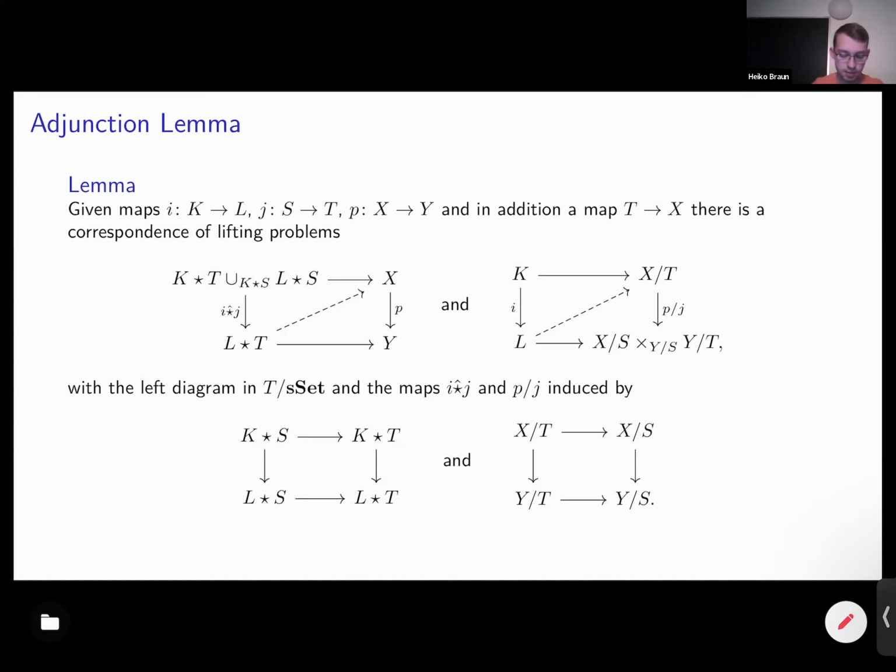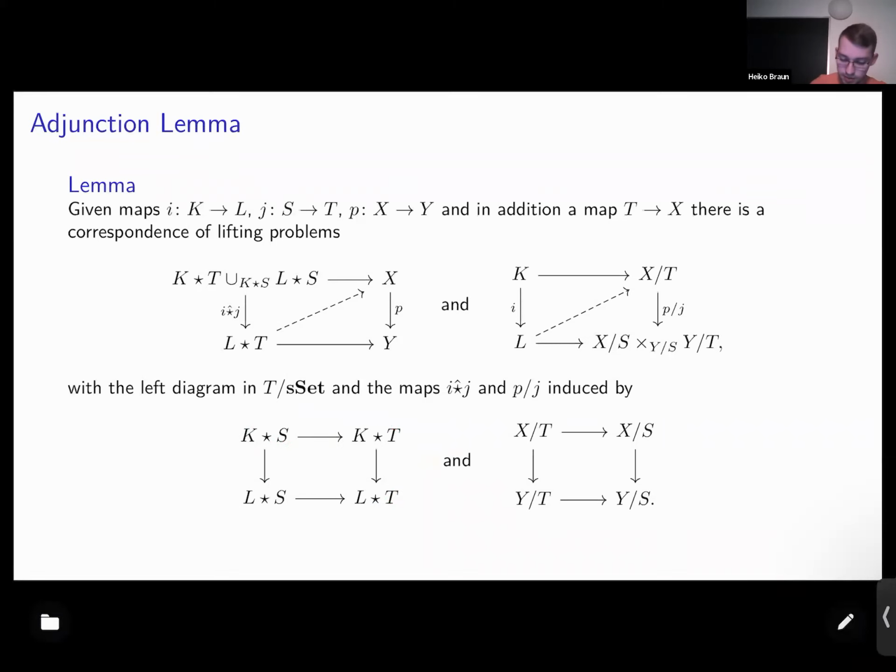And how are these actually induced? Well, this map is induced by this commutative diagram, going to the pushout of this span.